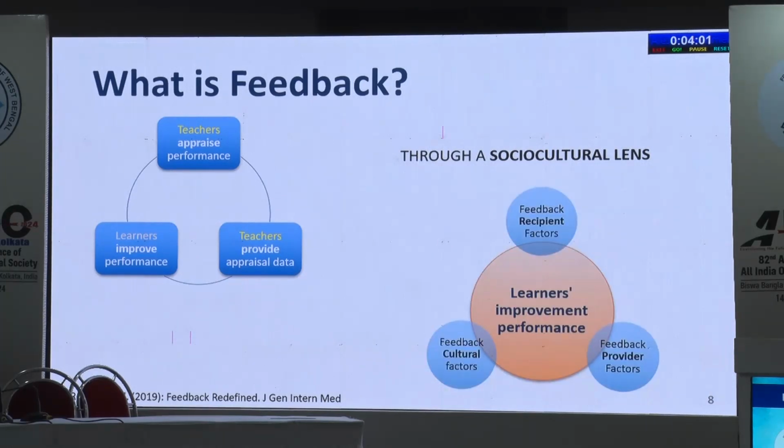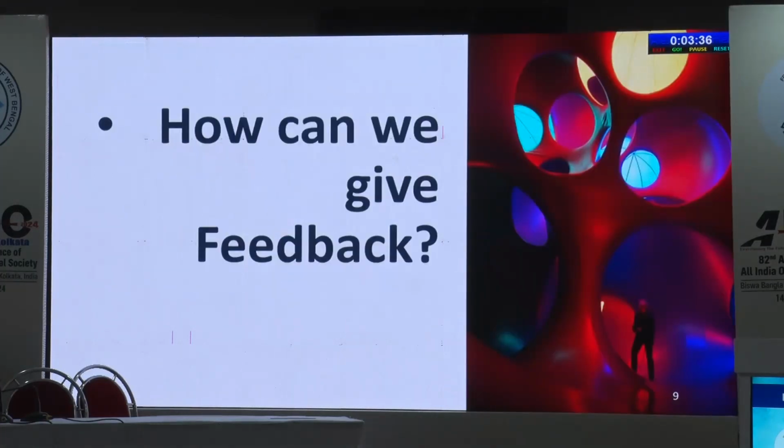There is the sociocultural lens, where the learner's improvement is at the center, and there are several different aspects on the recipient, the trainee that receives feedback, the provider, and also the overall cultural lens that embodies, for instance, the culture of the organization where we work.